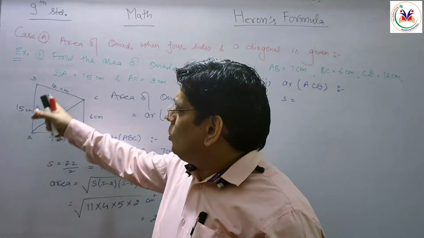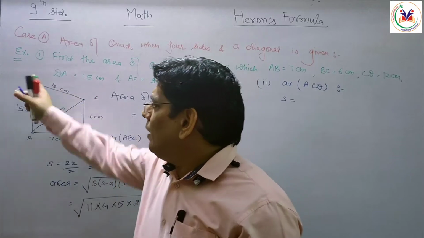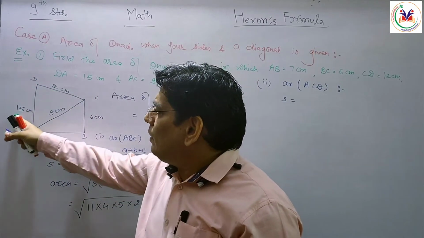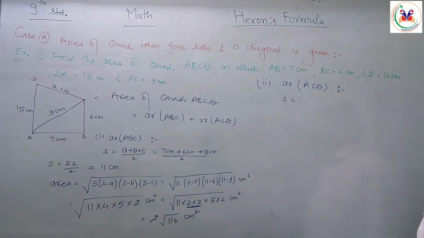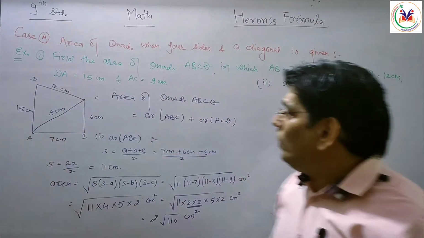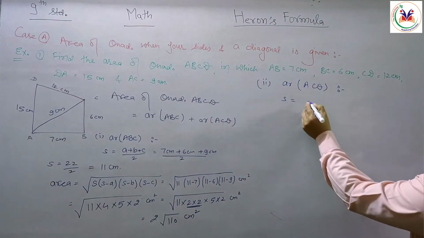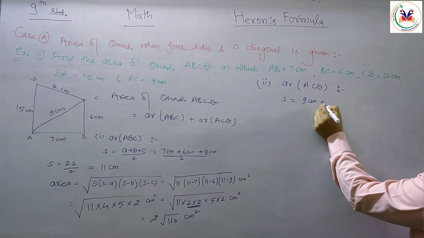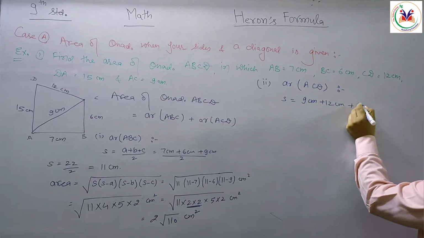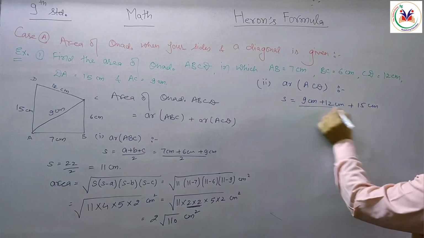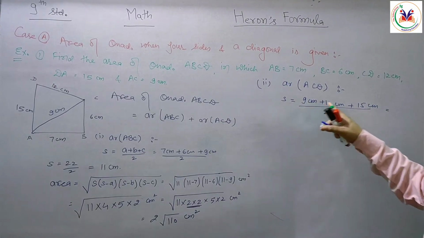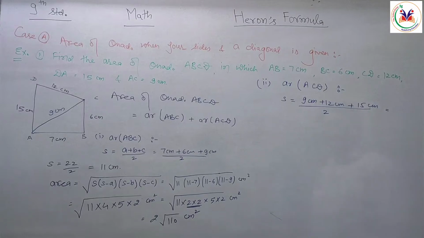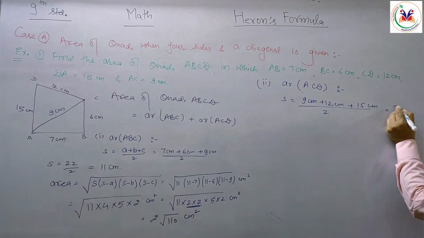So the measurements of ACD are 12 centimeter, 15 centimeter and 9 centimeter. First of all, to calculate s, it will be 9 centimeter, 12 centimeter and 15 centimeter, divided by 2. Now 9 plus 12 is 21, plus 15 is 36.